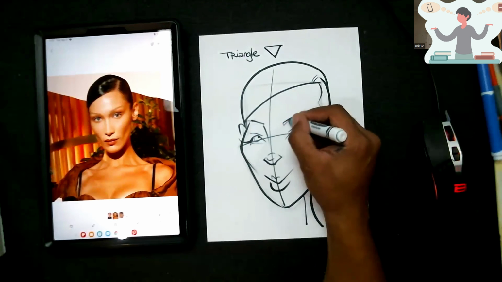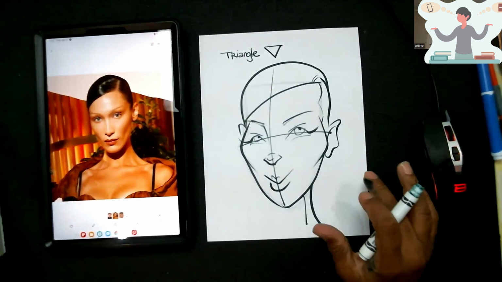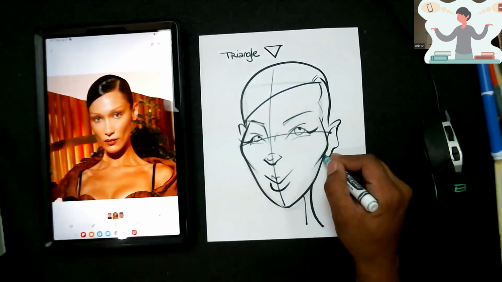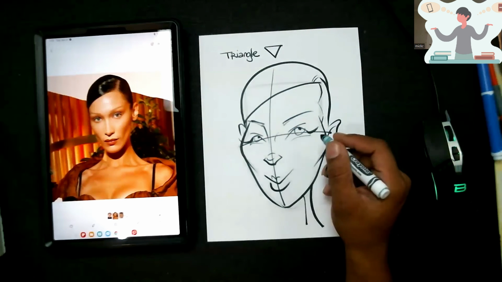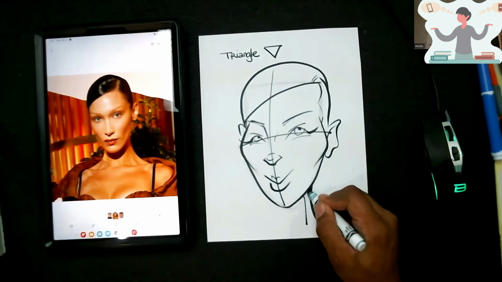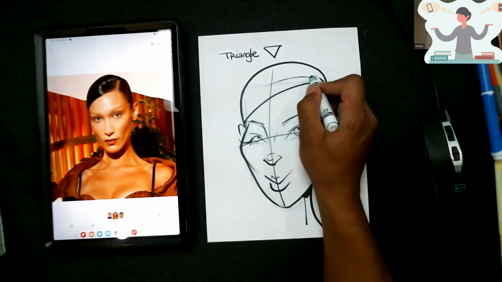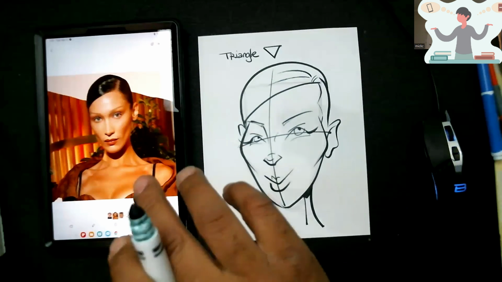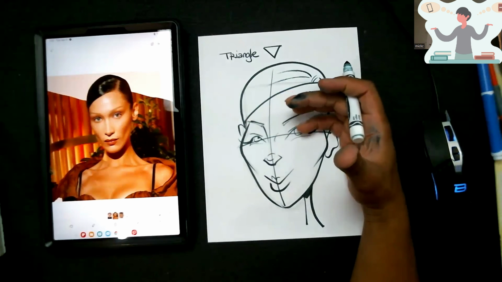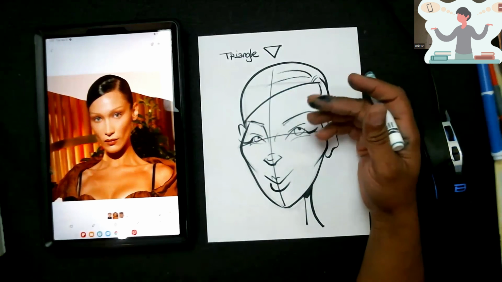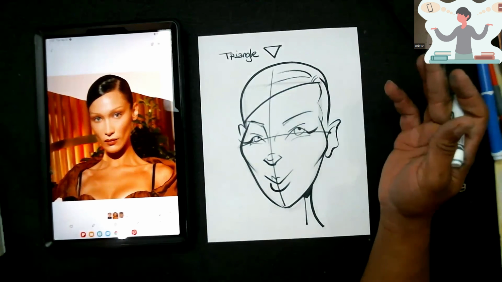And I'm going to tell you, mate, I literally just started studying this with the face shapes, and it changed my approach to caricature. I couldn't wait to share this with you because I think it's going to make a difference in the way you draw your faces. So I want you to practice these two faces. I'm going to send you maybe one more other face if you can get to it. Don't worry if not, that's okay.